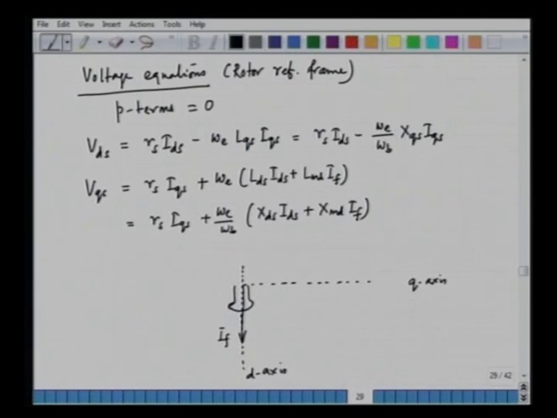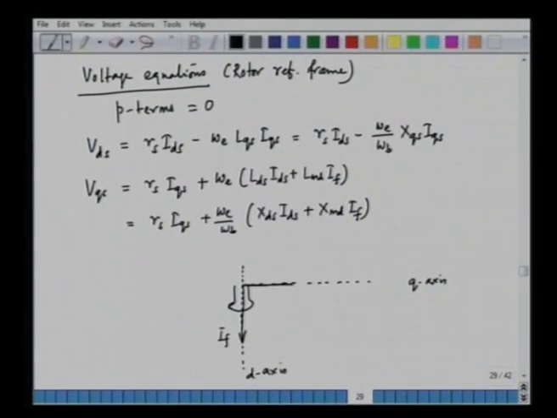So we have two components in this case, a d axis component of voltage and a q axis component of voltage, VDS and VQS, and we can write these two equations in the d axis and q axis respectively.